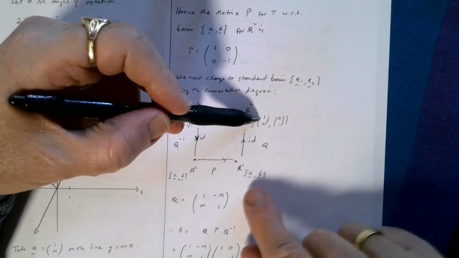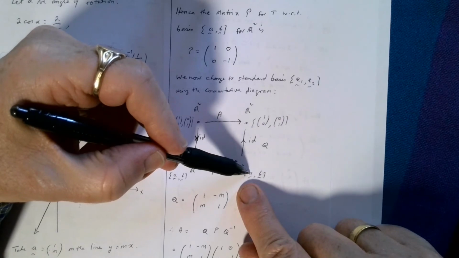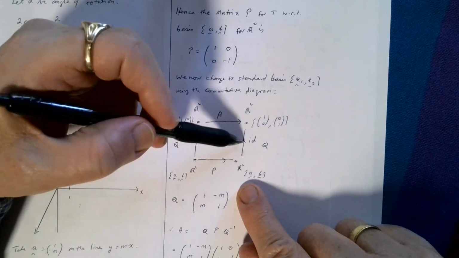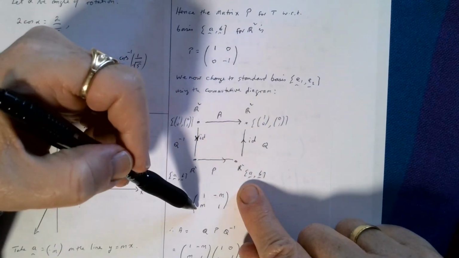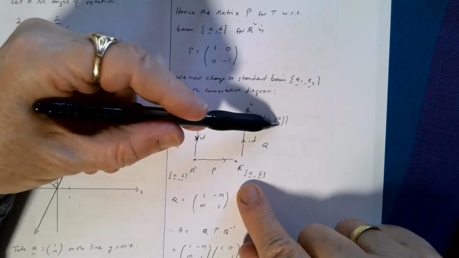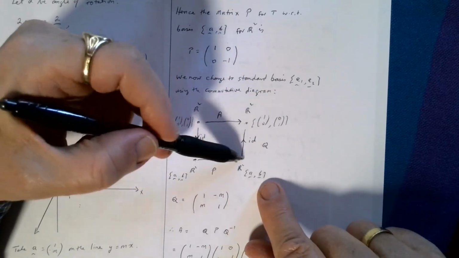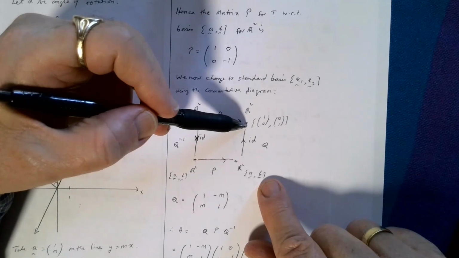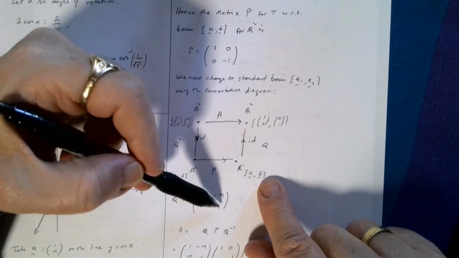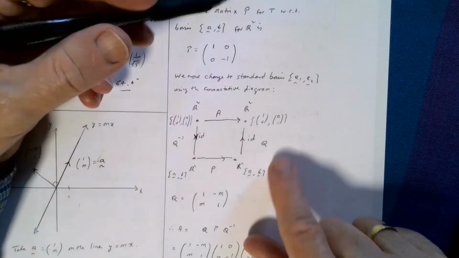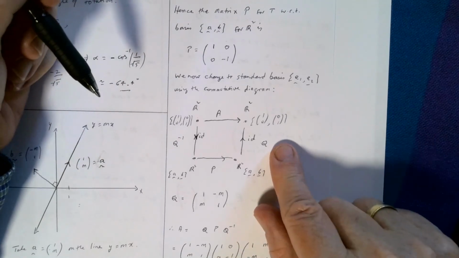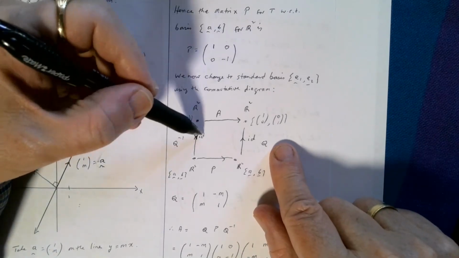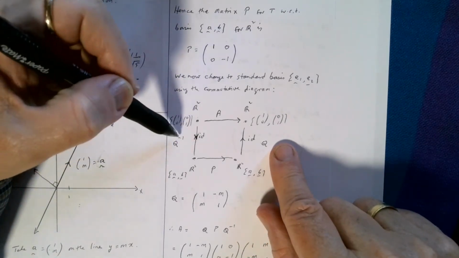And so A gets mapped to itself under the identity. Its coordinates are (1, m) with respect to this basis. And B again gets mapped to itself, and its coordinates were (-m, 1) with respect to this basis. So there's our matrix Q. This is doing the exact opposite, so this is the inverse of this matrix.